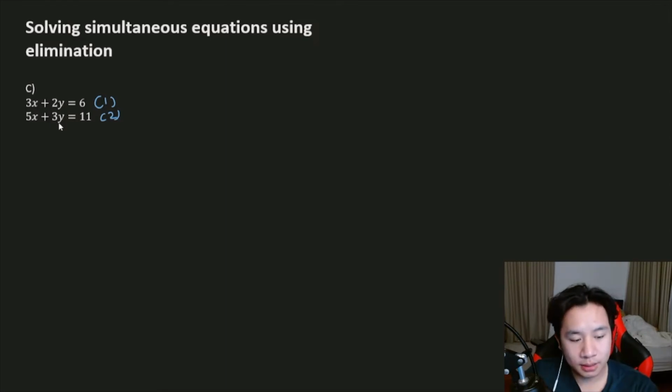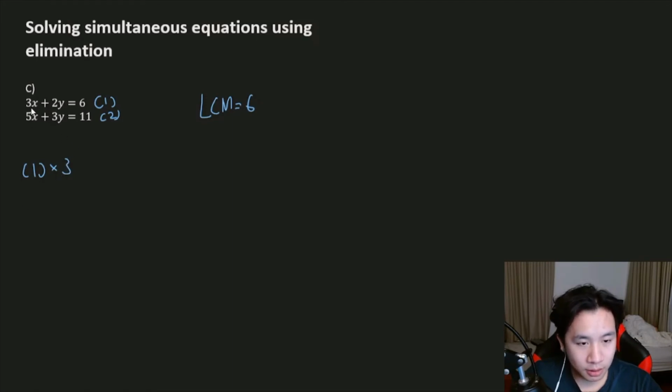So let's say you want to eliminate the y's. You just want to find the lowest common multiple of 2 and 3, which is just 6. And so what I'm going to do is multiply the first one by 3.